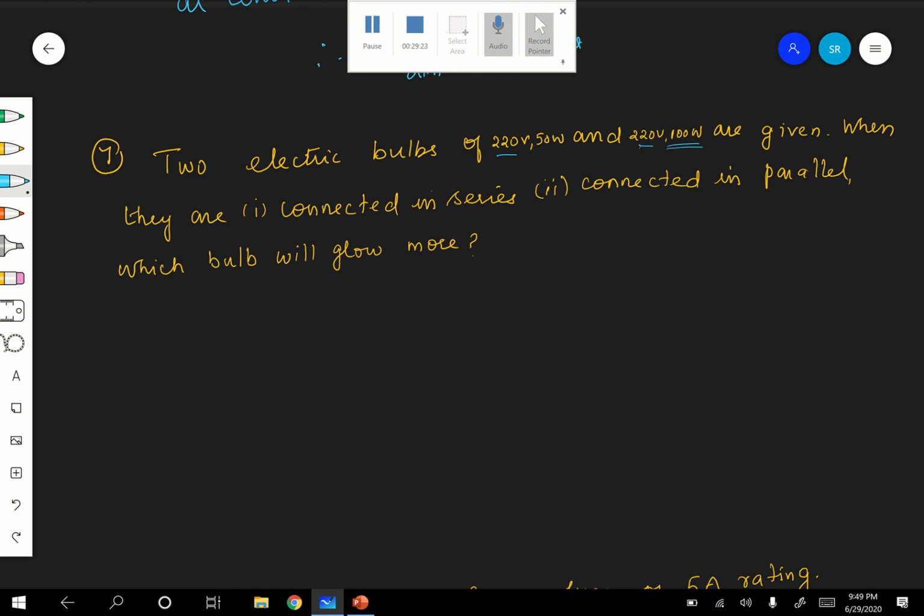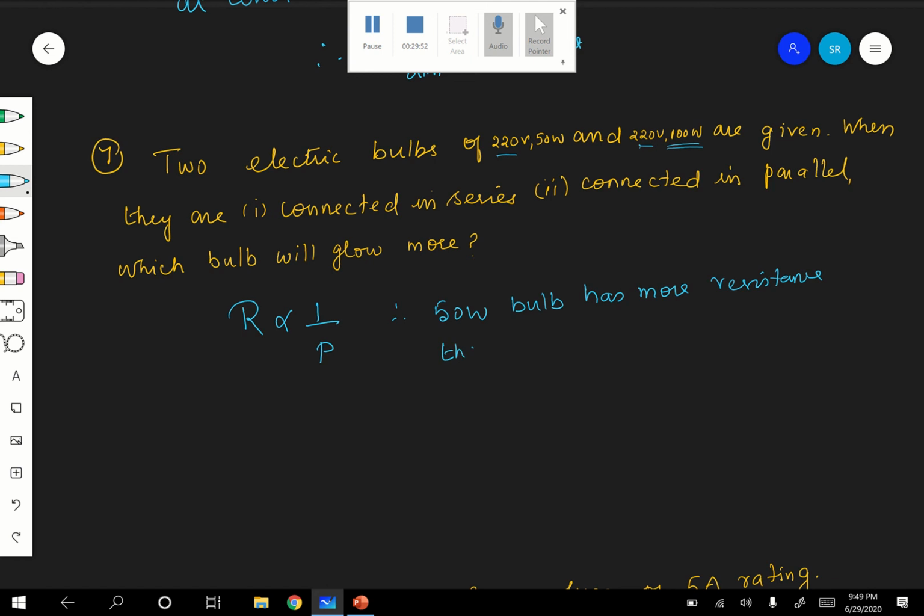Therefore, you know the resistance of the bulb, for V the same, R is inversely proportional to P. Therefore, the 50 watt bulb has more resistance.